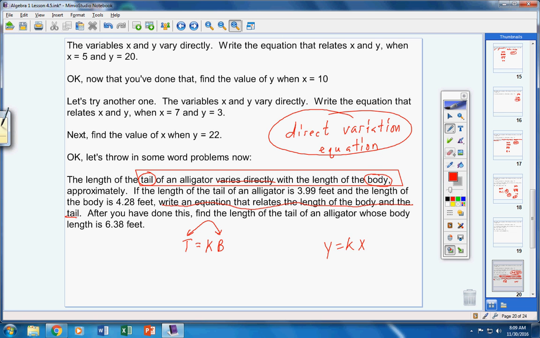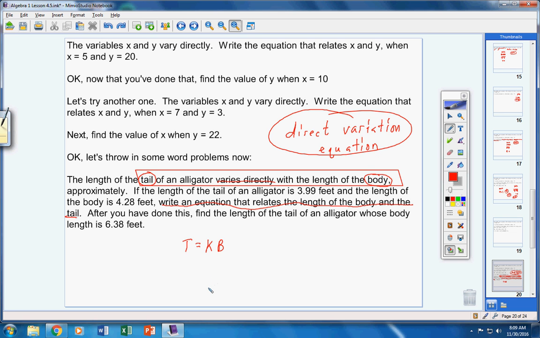But when it comes to word problems, I think it's a lot better to use the actual letters that we're dealing with, because that way we know that this is where the tail goes, this is where the body goes. So, Mr. Error, where'd you get this from? Guys, I got it right here from this phrase, the tail. So I put a T, varies directly, so I put it equals then a K, with the body, B.